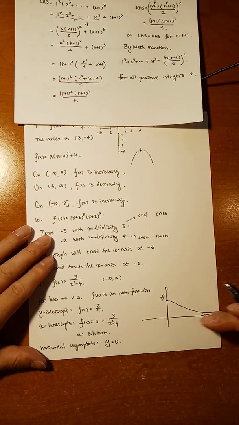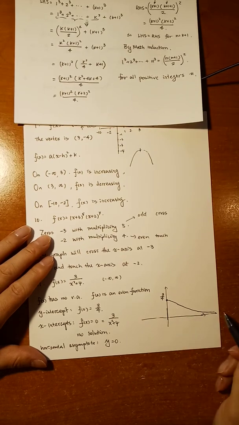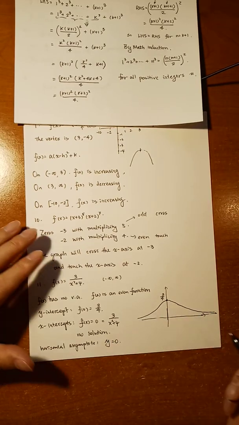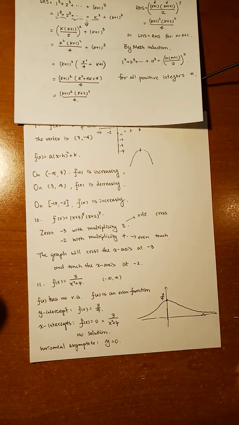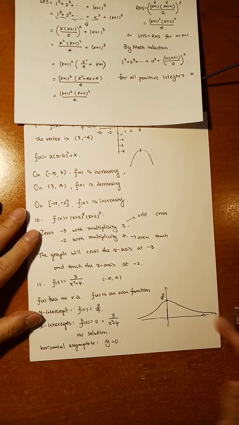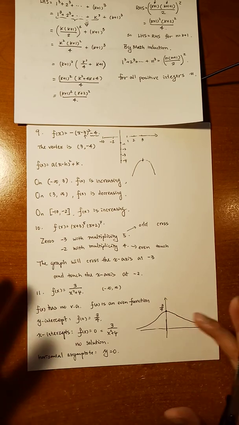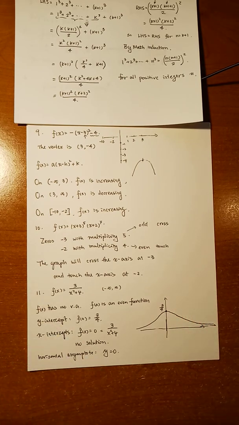This is y equal to 0, the x-axis. This is the right side and the left side. Remember, it's an even function. The graph is symmetric about the y-axis, so it looks like this. We don't need more information, because we don't have enough tools to verify it further. So you just get this, like a bridge.